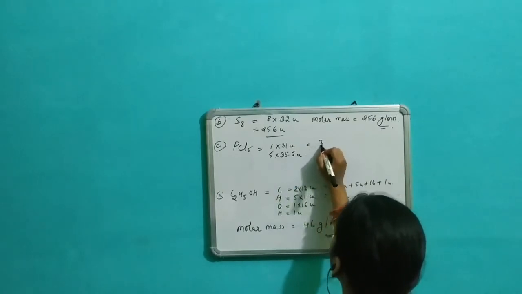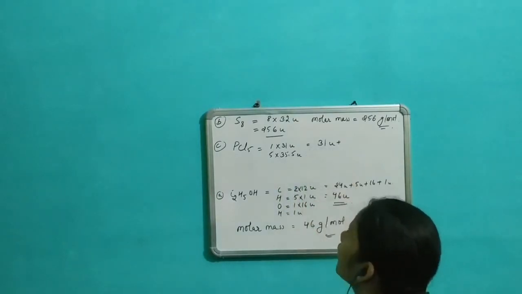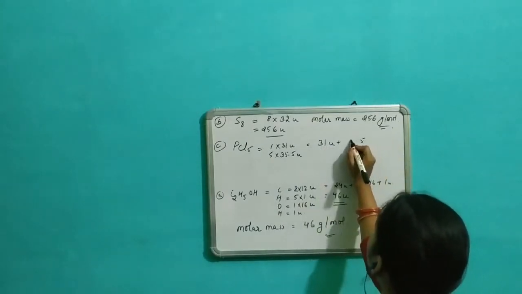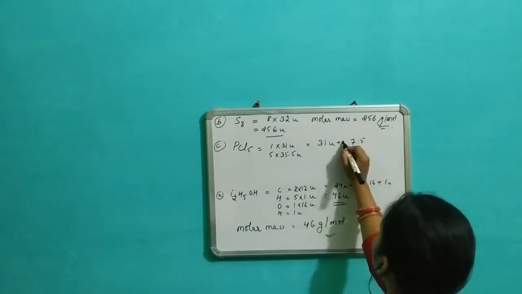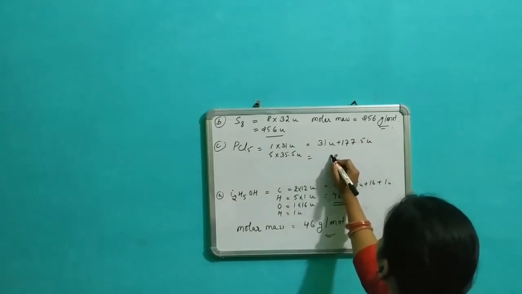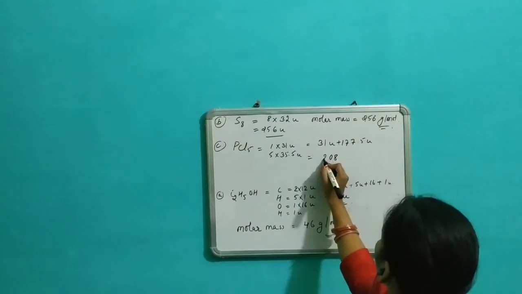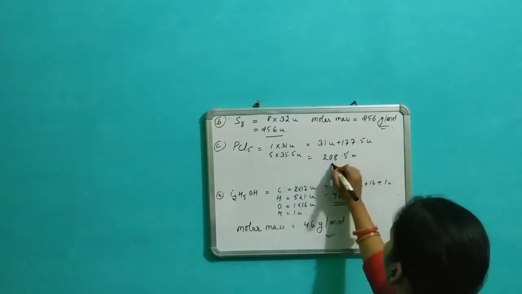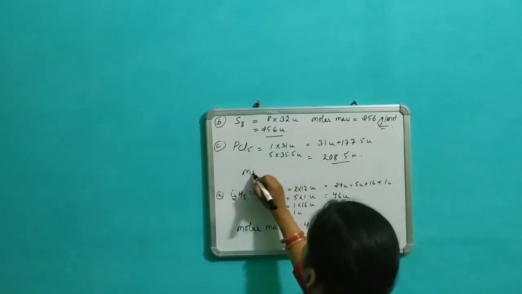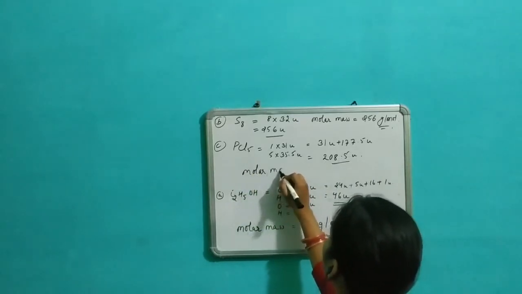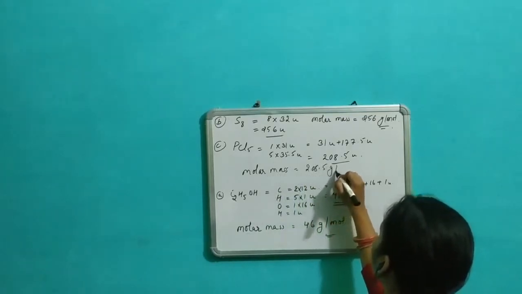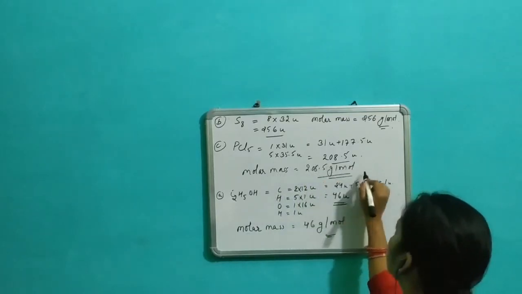That will be 31 unit plus 5 into 35.5, that is equal to 208.5 u. Alright, and the molar mass will be equal to 208.5 gram per mole.